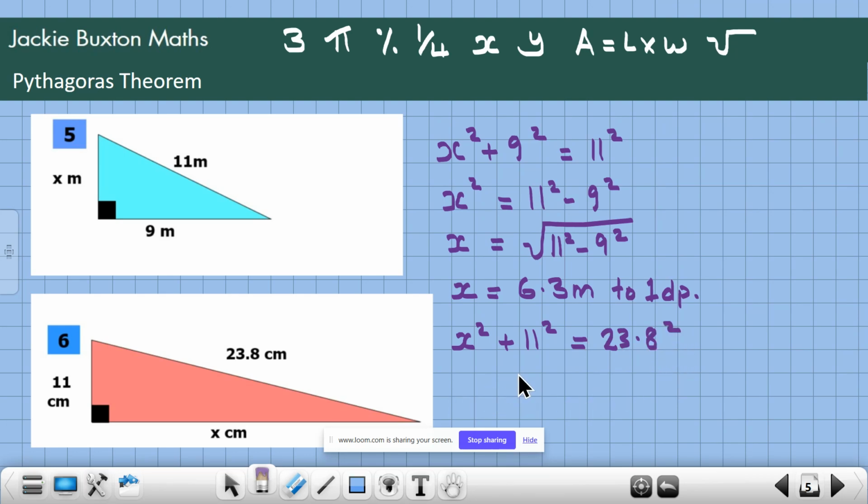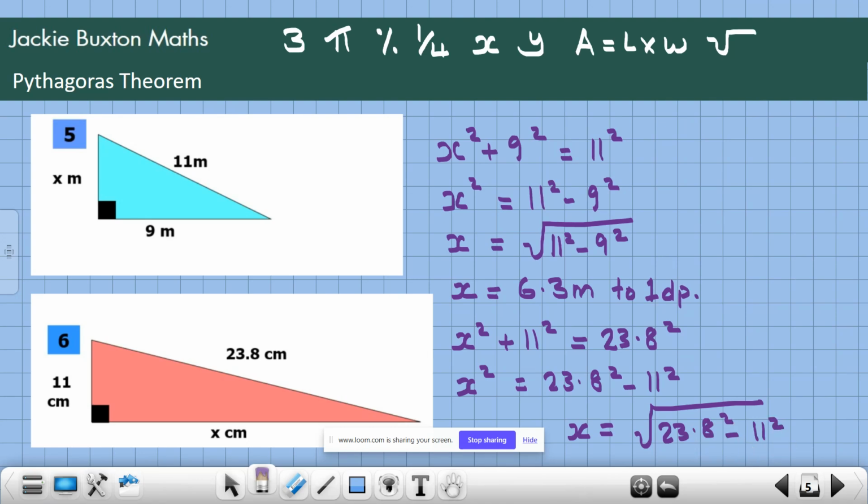So again, we've got to move it around. So we get x squared is equal to 23.8 squared minus 11 squared. And finally, that means that x is going to be the square root of 23.8 squared minus 11 squared.